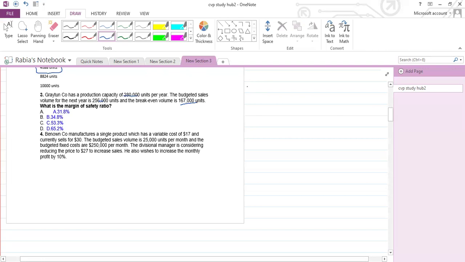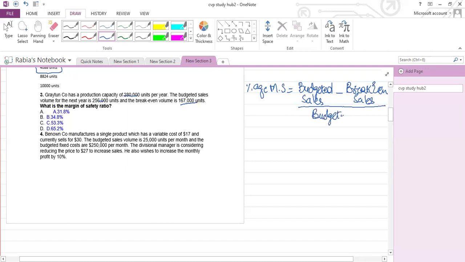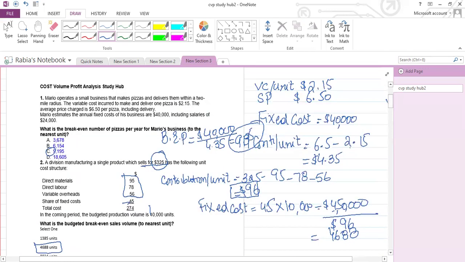So what is the formula for percentage of margin of safety? Margin of safety is budgeted sales minus break-even sales, divided by budgeted sales, multiplied by 100.